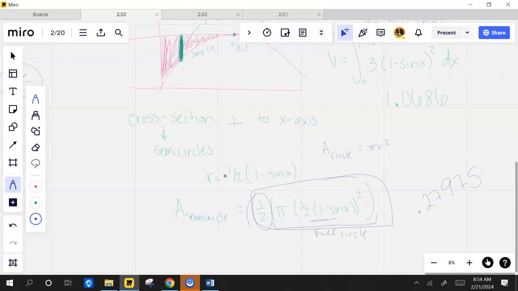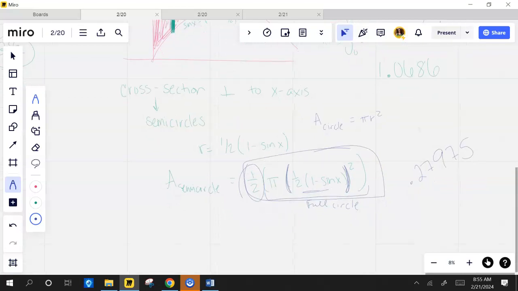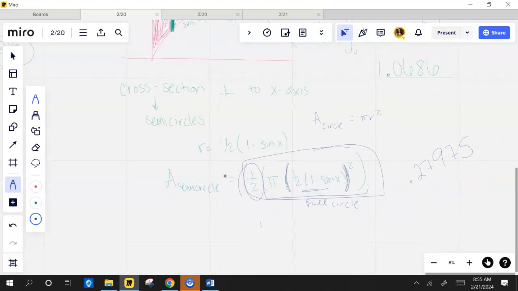It's not really a good reason. Well, I just feel like we know. I did 0.5s instead of 1/2 to lessen my parentheses. And make sure when you're squaring that all of this is being squared. Or you could do pi over 8 times 1 minus sine x squared.